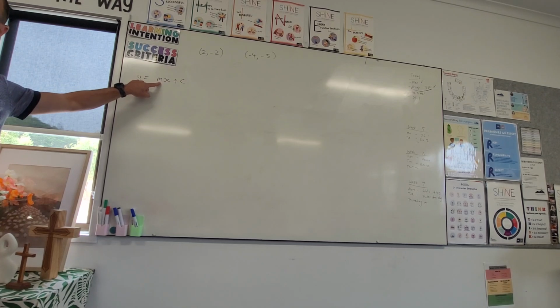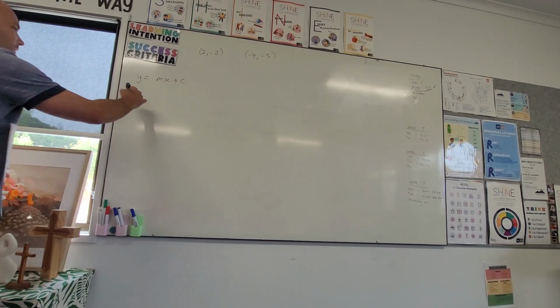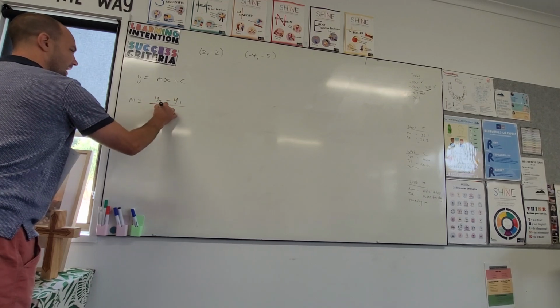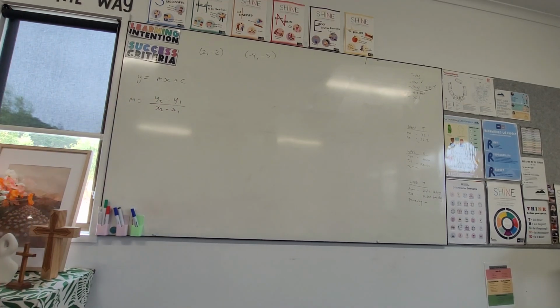So we're going to use the slope formula: y2 take y1 divided by x2 take x1. That's the slope formula. That's going to tell us the steepness between those 2 points.